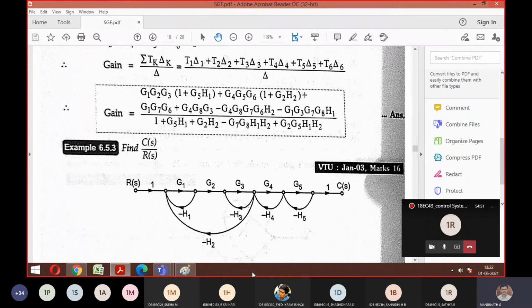If you understood the meaning of 2 non-touching loops, you will tell the answer now. That's why I told you I'm not going to do anything. I want answers from your side. I should know how much you understood, no? So this problem is 16 marks. Think and tell me the answer. How many 2 non-touching loops do you have?